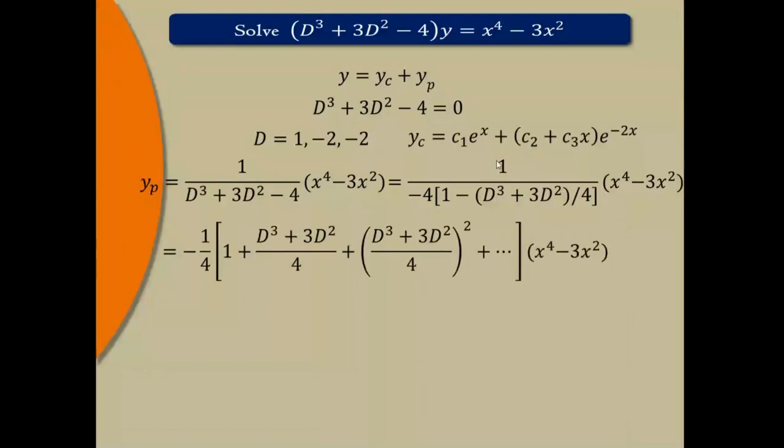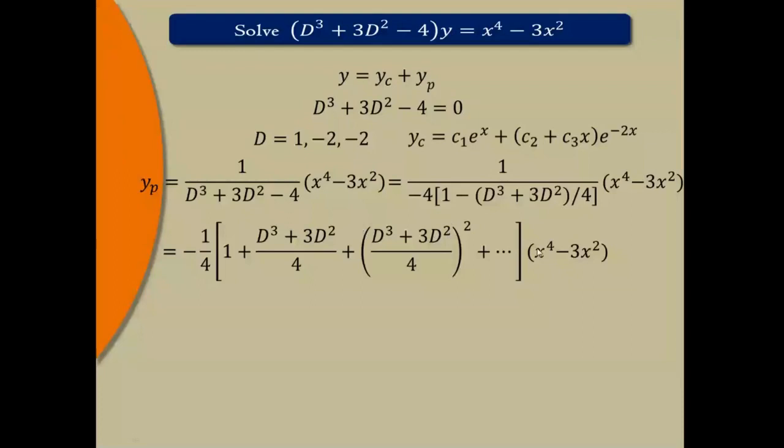Expansion of 1 upon 1 minus z is 1 plus z plus z square plus z cube plus dot dot dot. Now we want the terms up to 4 only. Next term is cube of all this term. But what happens if we take the cube of this? Cube of this will be d cube, higher power than 4. 3 times square of this into this, that will be higher power than 4. 3 times this into this square, this term cube.